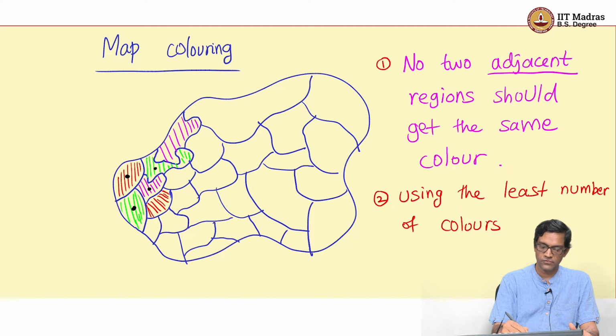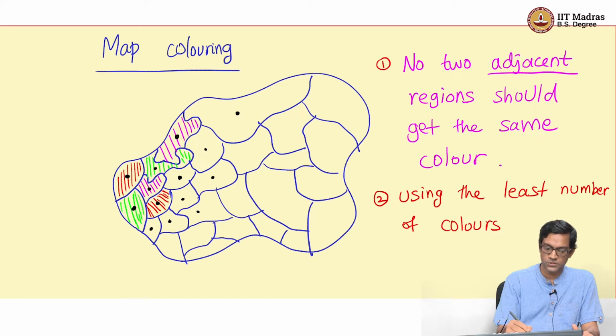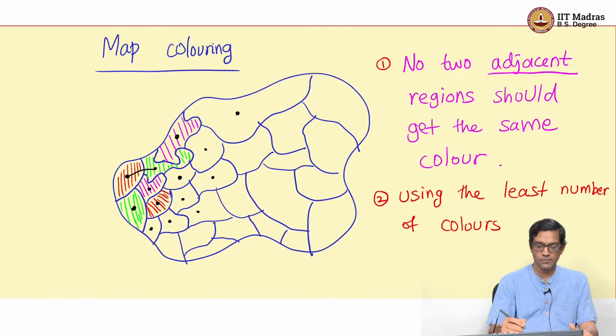You imagine that there is a dot, one for each of these states, and you join 2 of these dots if the 2 states have a boundary in common. So for example, here I join these 2 because there is that boundary there. I draw an edge which cuts the boundary somewhere. These 2 have a boundary in common, these 2 have a boundary in common, these 2, and so on.